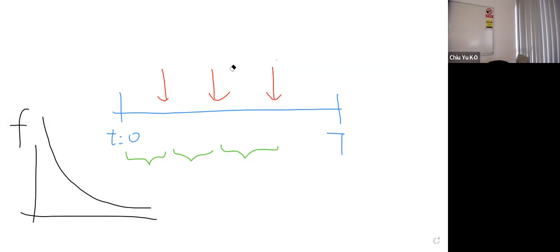It means that it is very likely that they come sooner rather than later. Okay, exponential. That is what the Poisson means, they should be able to come earlier than later. Okay, and is there a question before we go to more detail?